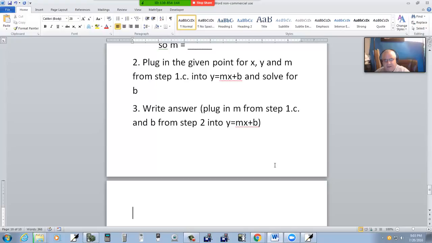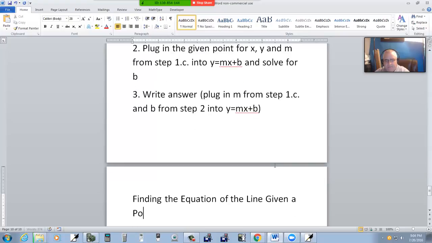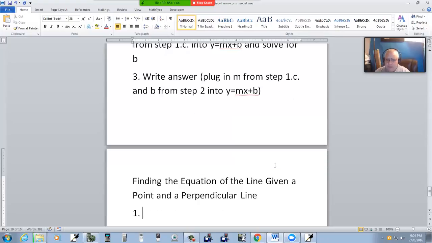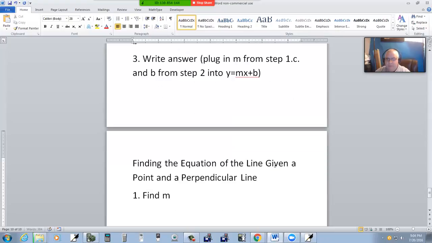Okay, so finding the equation of the line given a point and a perpendicular line. Step 1, find m. First substep is to write the given line in slope-intercept form.